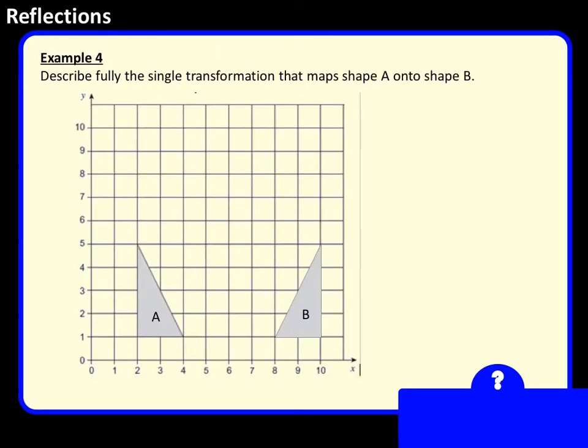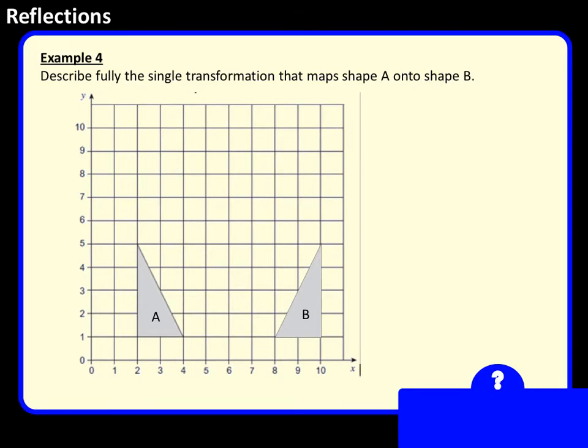This final example is asking us to describe the transformation, and we know it's a reflection because the shape hasn't changed size, so it's not an enlargement, but it's literally been flipped across the other way. So all we've got to do here is find where the mirror line would be. So if we look at the fact that there's 4 spaces between here, the mirror line must be right in the middle there.